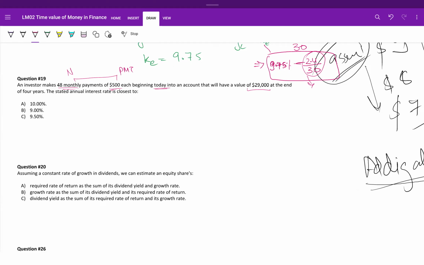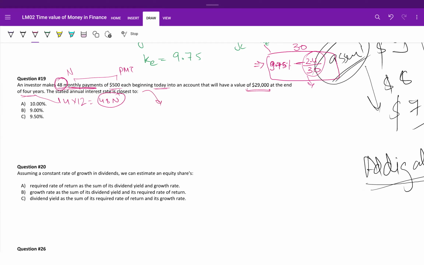This basically means 4 multiplied by 12 is 48. 48 is N, and we will be calculating the monthly payments. The stated annual interest rate is going to be what?